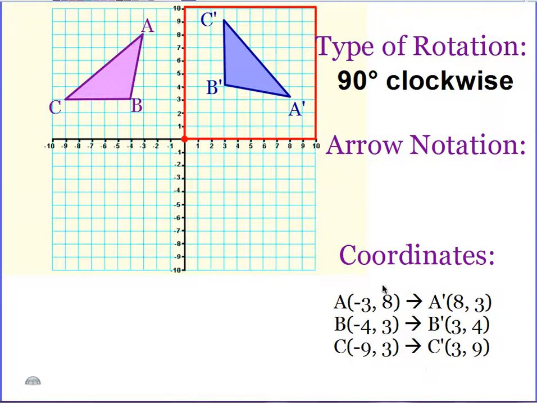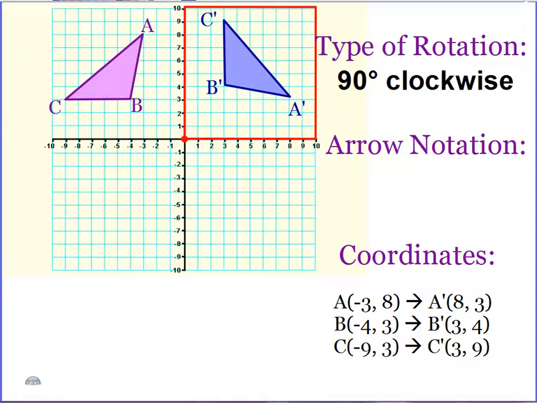If I compare point A to point A prime, I went from -3, 8 to 8, 3. Very, very similar, but there are some minor changes there. Point -4, 3 went to 3, 4, and -9, 3 went to 3, 9. See if you can tell what changes took place from pre-image to image.